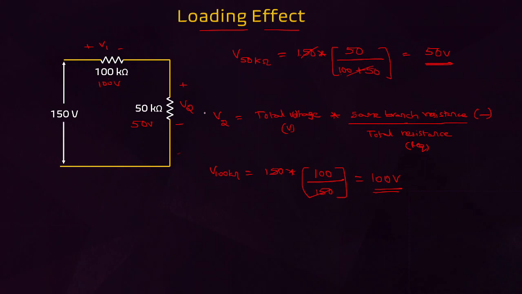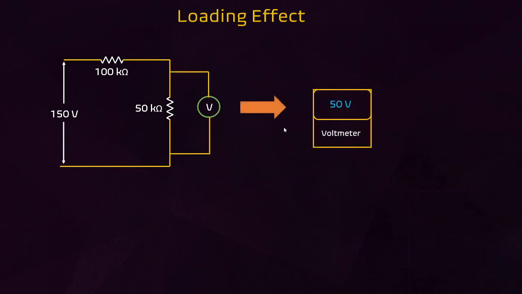Now if we connect a voltmeter across the 50 kilo ohm, the voltmeter should read 50 volt. Let us see that. We connected a voltmeter across and it is reading 50 volt.